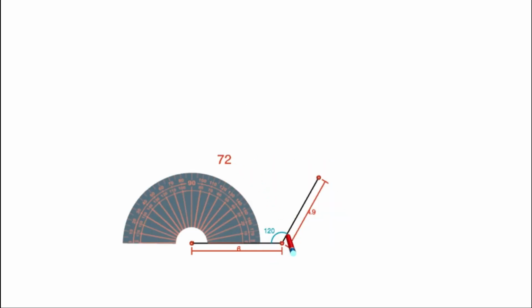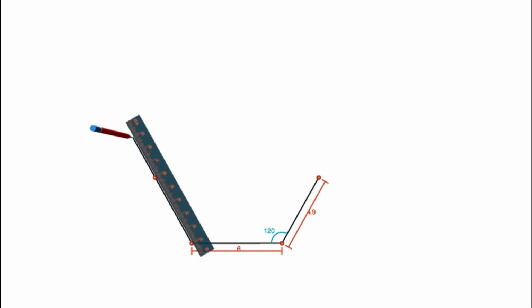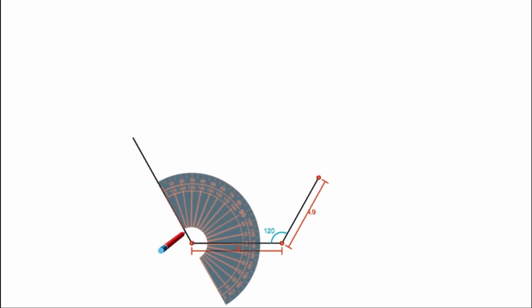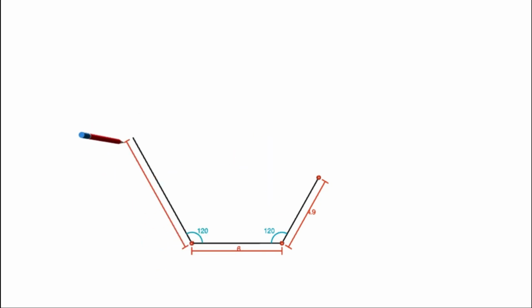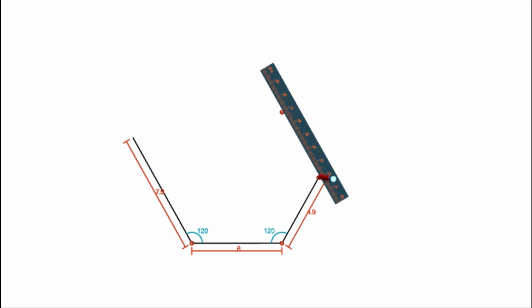Take 120 degree at this end and draw another line of a different length. Now take 120 degree at this end of this line and draw a line. Again, let us take a different length.